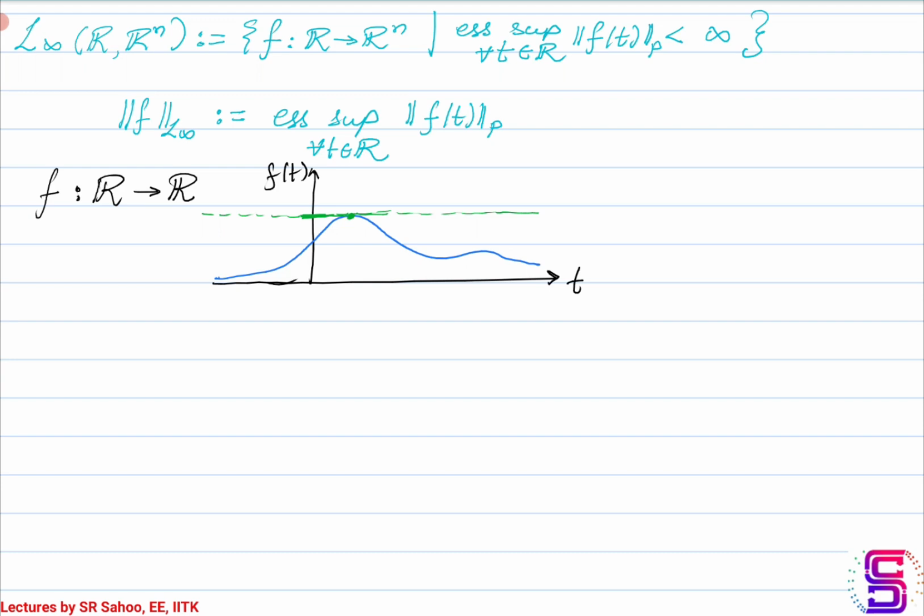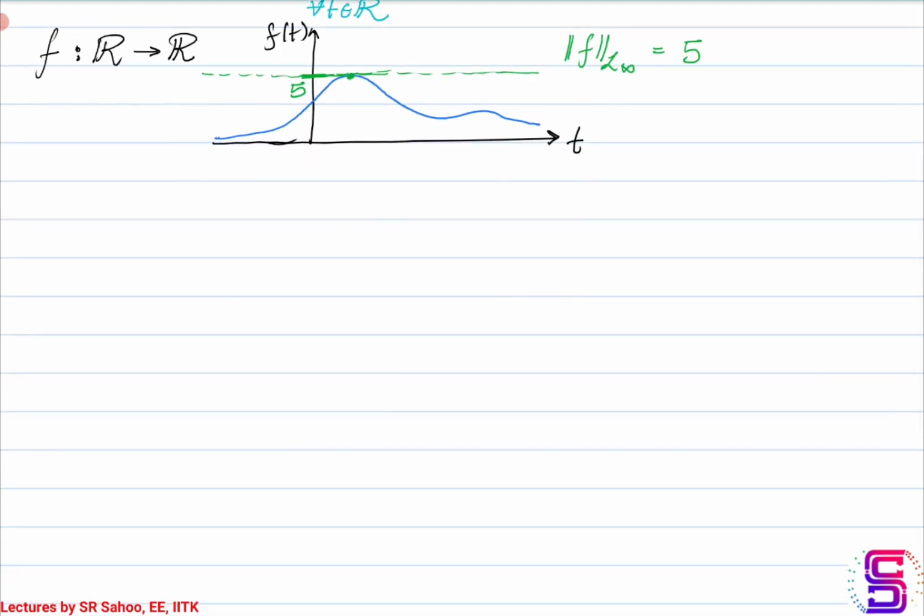So let's say that this is going to be 5. So in this case, the L infinity norm will be 5. Okay. Similarly, let's say that we have another example.